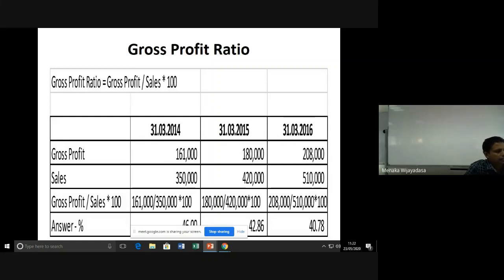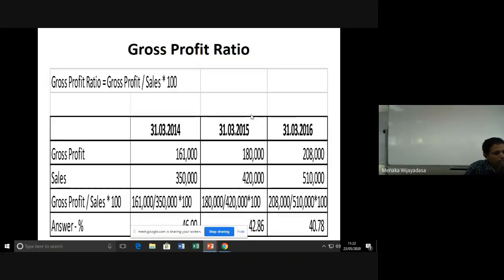Now, a simple calculation, gross profit divided by sales into 100, and you will end up with 46%, 43%, and 41% gross profit ratio. First, we will calculate all the ratios.